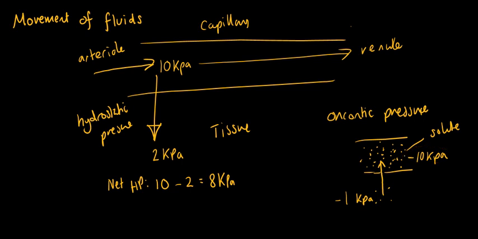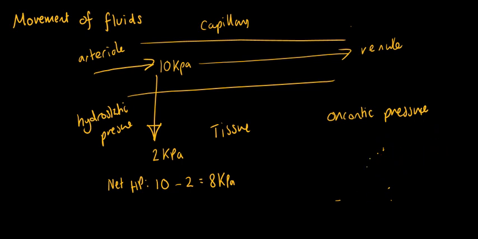Okay, so what we need to be able to do then is have a look at these two types of pressure. So we do have some solutes obviously in the capillary, in the blood, and there are some solutes in the tissue, but not as many. So let's say we've got, again, I'm going to use some simple numbers, minus 2 and let's say minus 5.